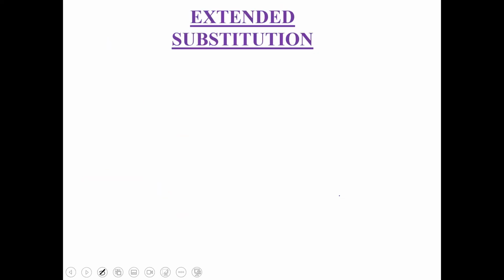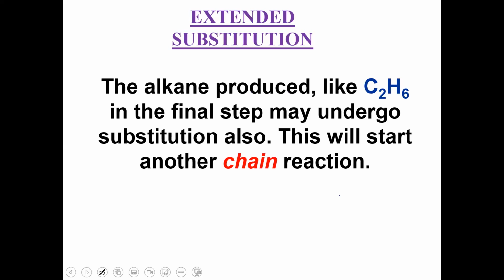Now, give a new heading, extended substitution. Sometimes the process stops, but again it can roll over because the alkane products like C2H6 in the final step may undergo substitution also.